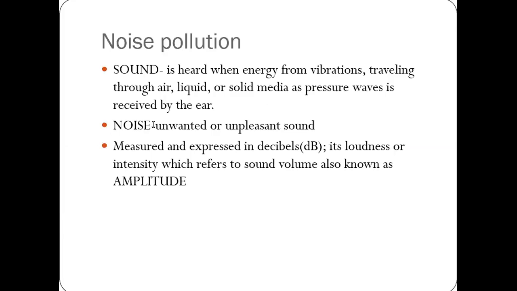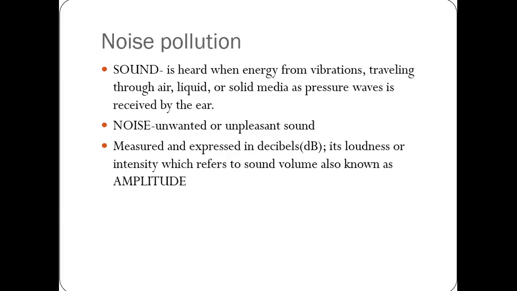And how do we determine whether a sound is a noise or a pleasant sound? The sound, as it travels as a wave, is measured and expressed through decibels. So, the measurement of the decibel will determine the loudness or the intensity of the sound volume, which is also referred to as the amplitude.